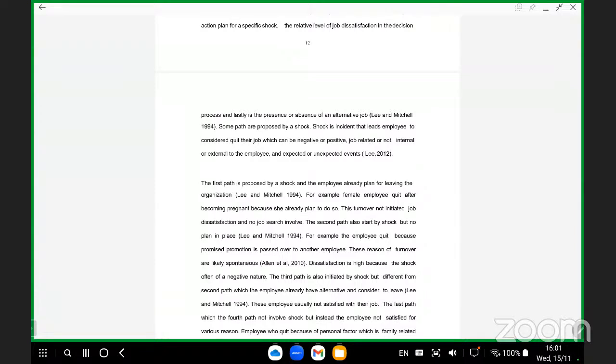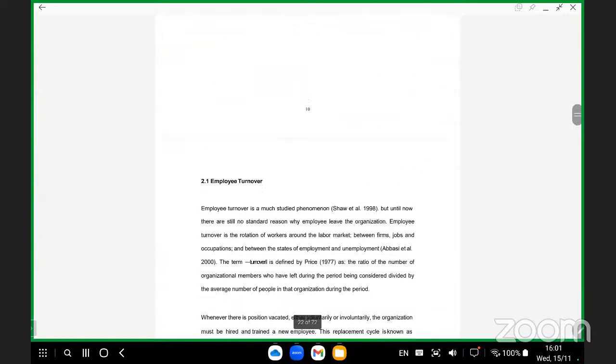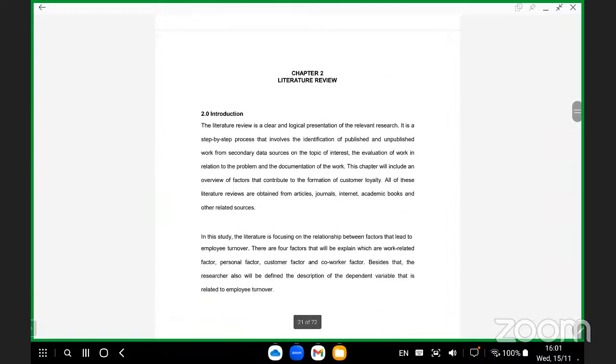If you are already done with chapter 1, there has to have a flow that relates to chapter 2. It has to have a flow that relates to chapter 3. There has to have a flow that relates to chapter 4. Okay, dia tak boleh terhenti di mana-mana. Dia adalah continuously. They are interrelated to each other, the chapters. Itulah dia yang kita namakan sebagai structured dan juga systematic situ. Okay, so here let's get together for chapter 2.